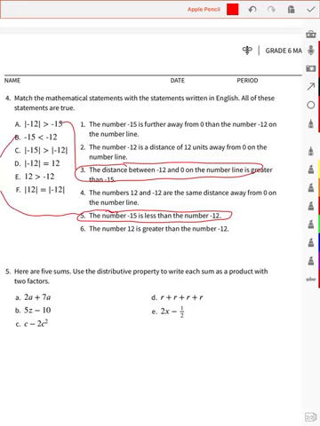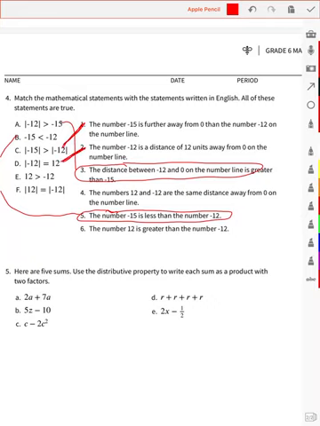B is 5. All right, C, the absolute value of negative 15 is greater than the absolute value of negative 12. That's going to be C is equal to 1. D, the absolute value of 12 is equal to 12. So that's going to be this one.